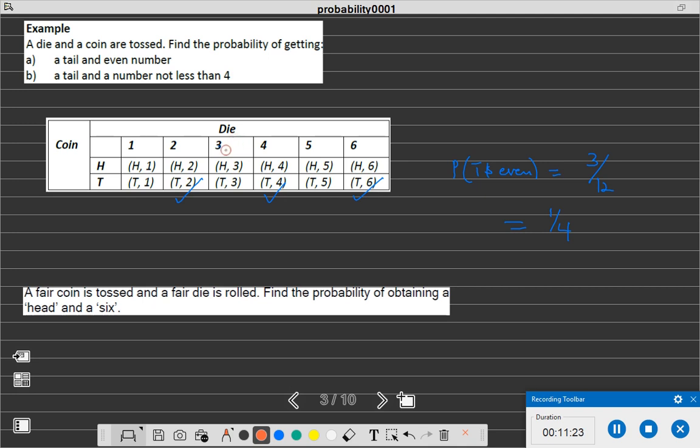So a number not less than 4, we begin with 4. 4 is not less, it is equal, so it is not less than 4. 5 is greater than 4, and 6 is greater than 4. So again here, for part B, this was for part A, the probability of a number not less than 4 and a tail, we shall have 3 out of 12, which is also a quarter.